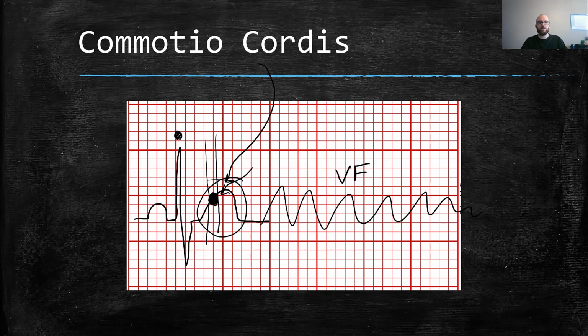Usually there's a little triangle or something that will show up over top of the QRS complex as the monitor is starting to track QRS complexes so that it knows when to deliver that cardioversion, so that we avoid hitting the heart with the electricity on the upslope of the T wave and avoid inducing commotio cordis ourselves.